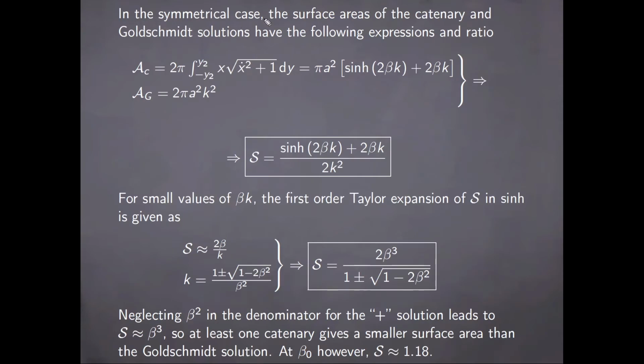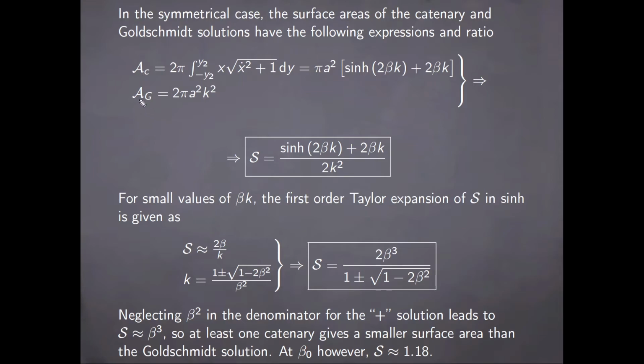In the symmetrical case, the surface areas of the catenary and Goldschmidt solutions have the following expressions and ratio. So I wrote the surface area of the catenary curve, which hopefully is the one given here.